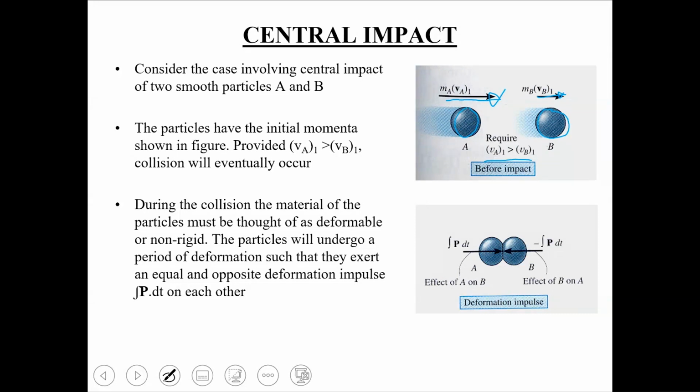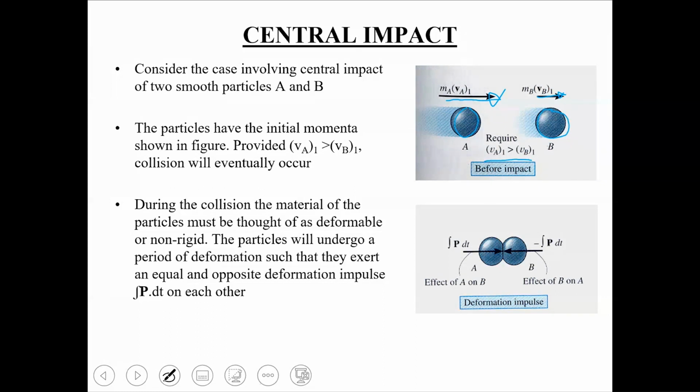So once you are applying the momentum equations, you can accordingly change the sign of momentum to the negative sign if you are taking the positive axis towards the right. So we are taking a general case in which we have two particles, both of them traveling towards the right with velocities VA1 and VB1 respectively, and VA1 is greater than VB1, so ultimately collision is going to take place.